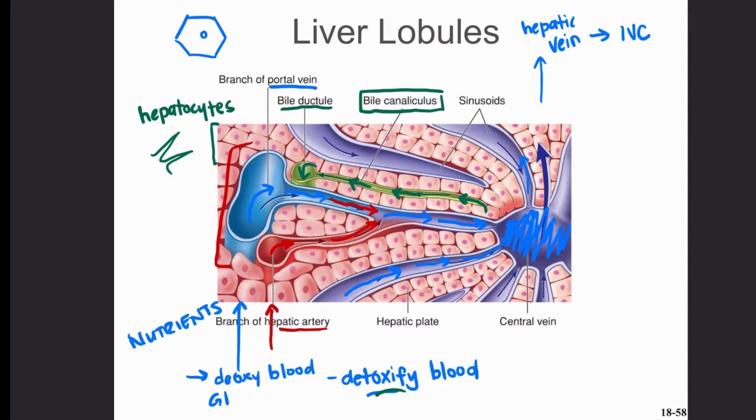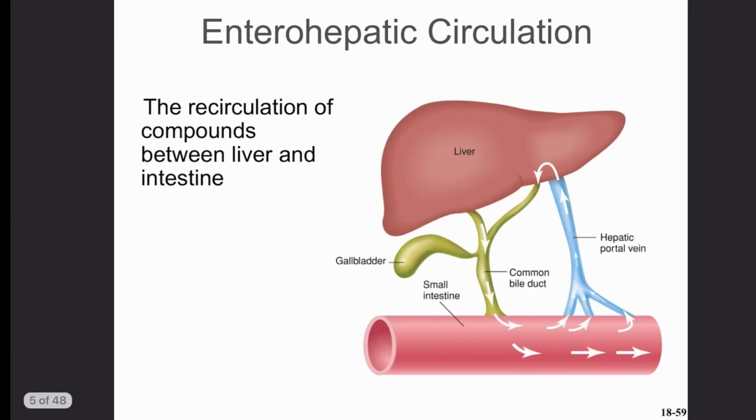So a big takeaway here is that although there is a lot of blood flow and a lot of bile flow, they do not mix together. So the liver is going to take in blood, as we see here, via our hepatic portal vein, and those are going to feed into our lobules, and they're going to get detoxified.